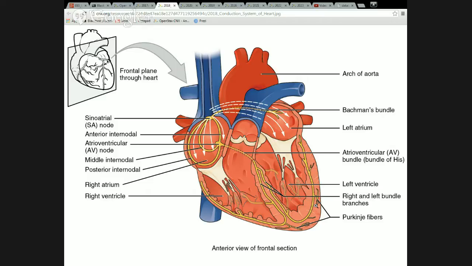So all of the things that are colored yellow here are conduction fibers to some degree. So to call the Purkinje fibers conduction fibers is really not a great name choice. So I tend to stick with the name Purkinje there. And most sources do. It's very rare that you see them call them anything else. The bundle of His is pretty much always called the AV bundle nowadays, but Purkinje fibers are usually still called Purkinje fibers.